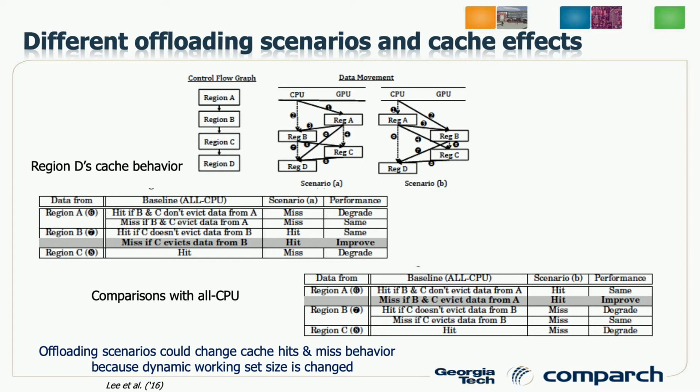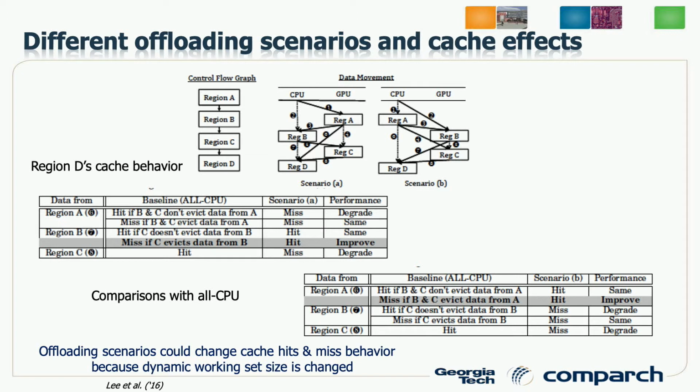For example, in this example, the data comes from region A, and if the data from region A is used by region D, and in the first scenario region A is executed on the GPU, then if regions A and D share data, the data needs to come from the GPU to the CPU. In the other scenario, both region A and region D are running on the CPU, so the data from region A remains on the CPU, and region D can simply use it. And this also shows another problem.